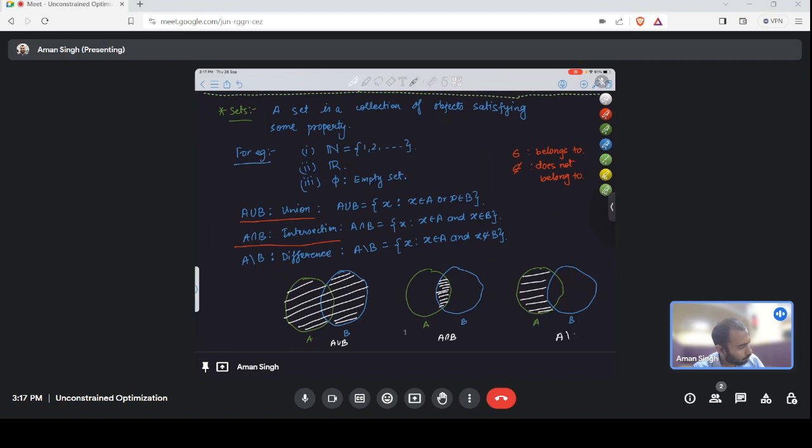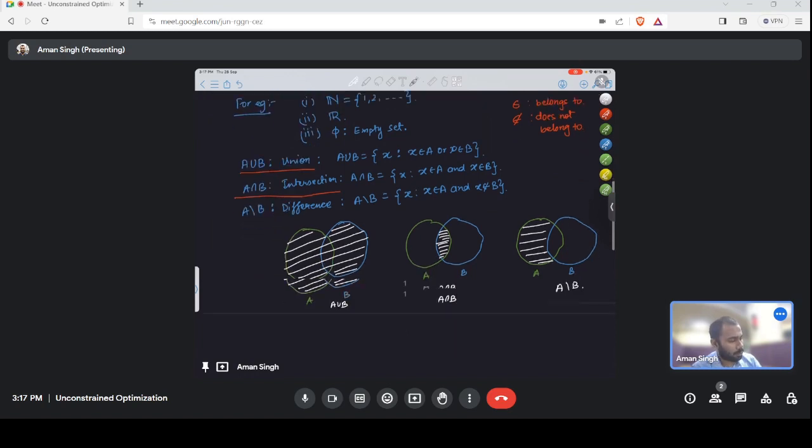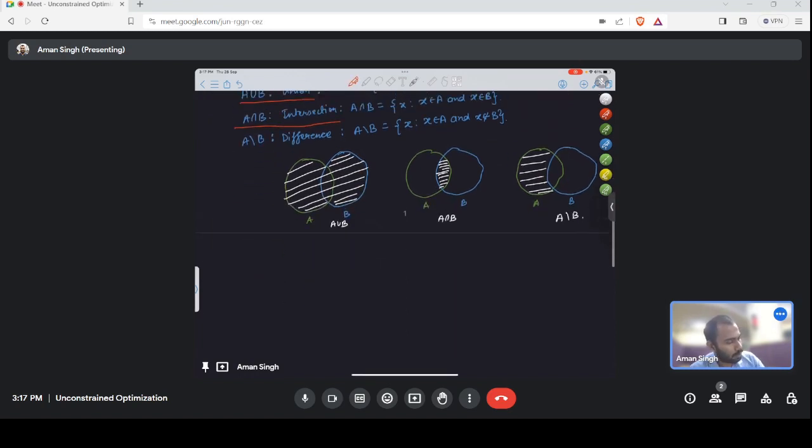This is A difference B. Okay, so we have defined sets and set operations.